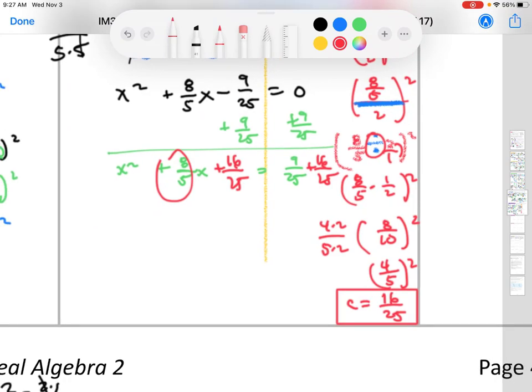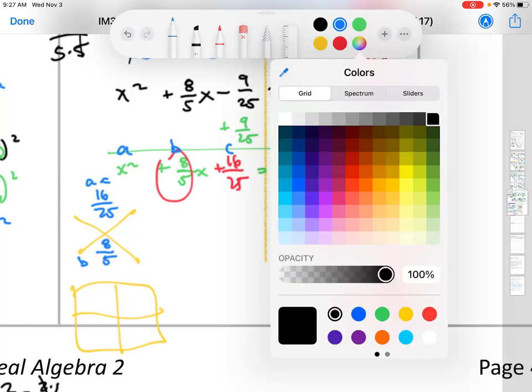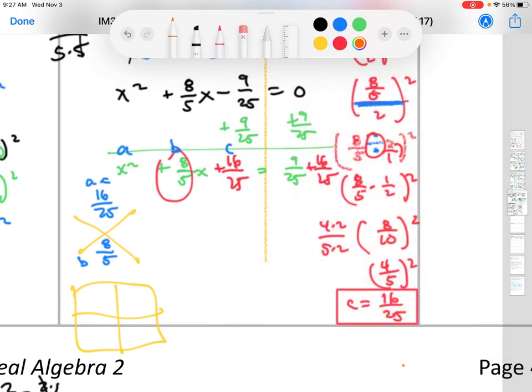Okay, let's go ahead and factor. A, B, C. A times C is 16 over 25. B value is 8/5. Remember, there's two ways of getting this value, that's going to be 4/5.